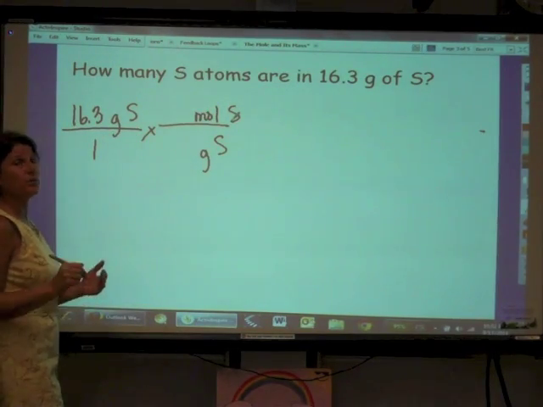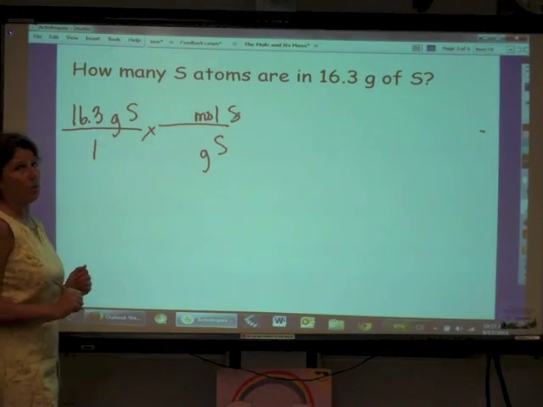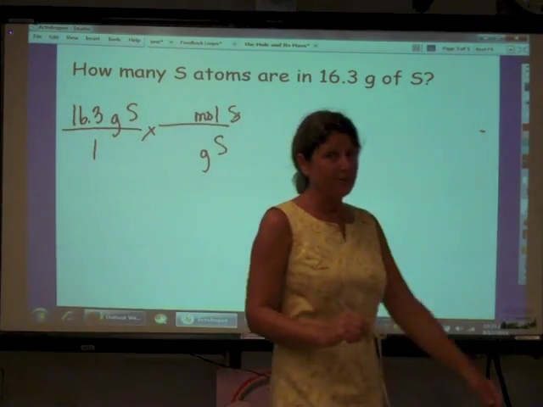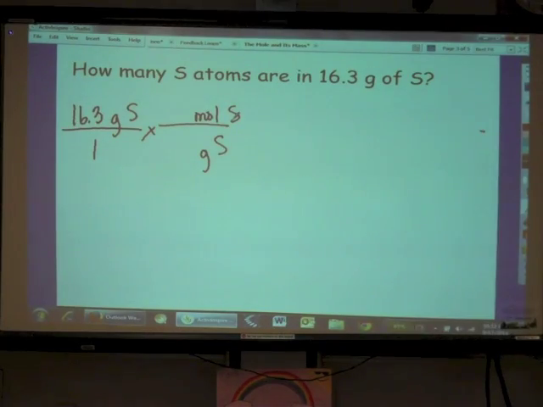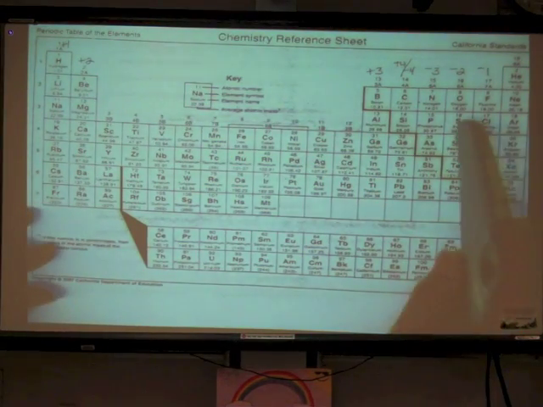We're going to use the molar mass of sulfur. Where are we going to find the molar mass of sulfur? We are going to find it on the periodic table. So we're going to go to our periodic table. We're going to find sulfur, which is here.